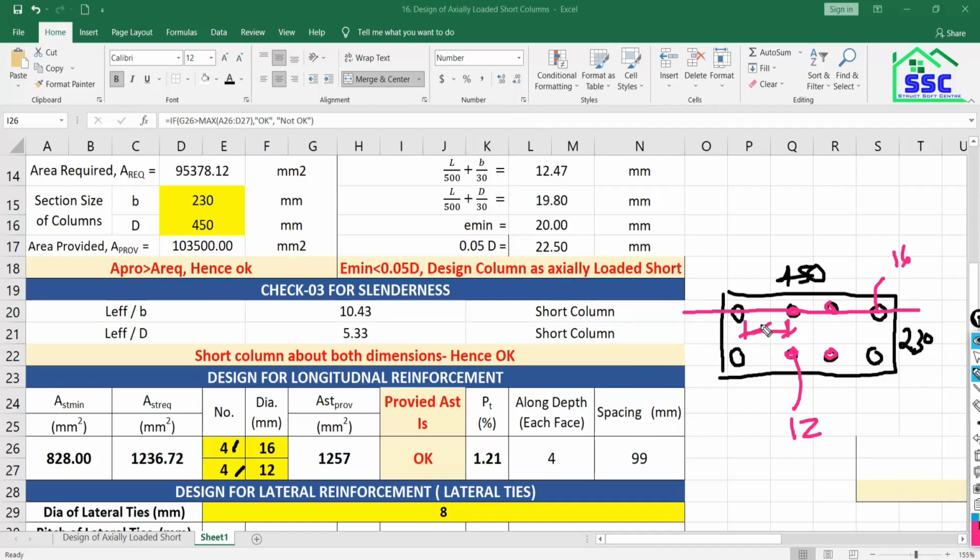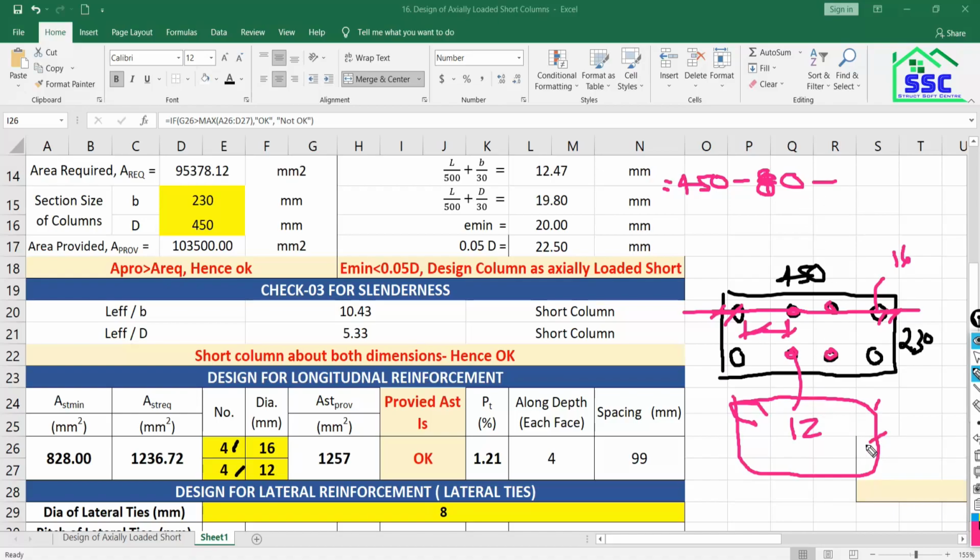So how can we calculate the clear spacing between these two bars? Total is 450. We are going to consider clear cover on both sides as 40, so 40 plus 40 becomes 80, minus shear reinforcement. Shear reinforcement will also be there like this, and the diameter of shear reinforcement I am going to consider as 8 mm.